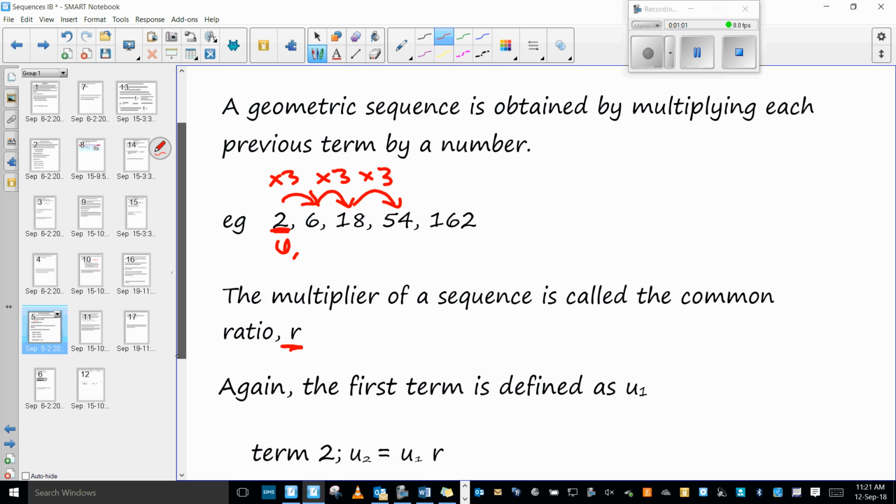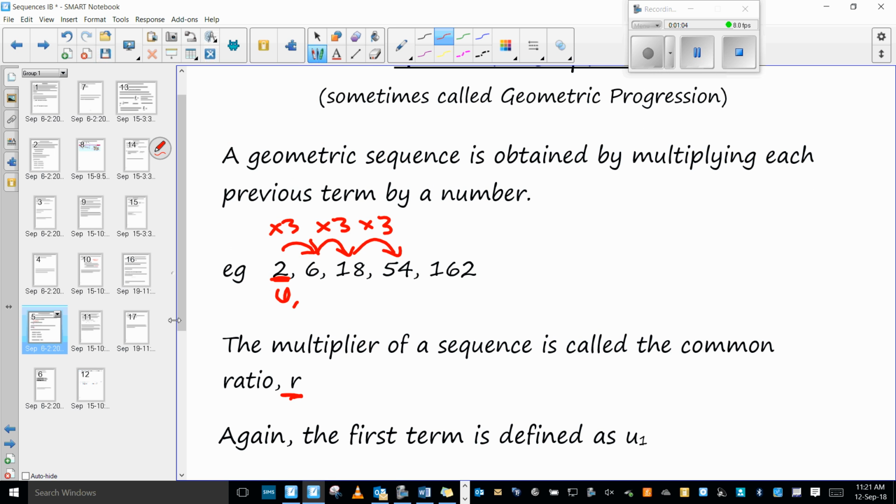If you are given a sequence of numbers and you're trying to find the common ratio, how would you do it? It's not a trick question. It should be an easy answer. Tell me how you would find it. You may have said, oh, you multiply by 3, but how can you actually work it out? You take the U2 and divide it by U1.